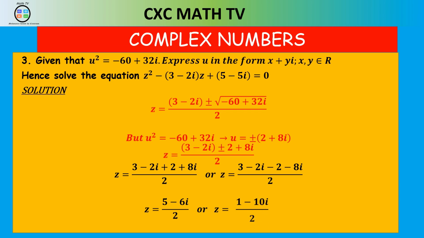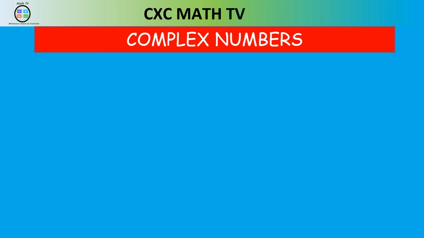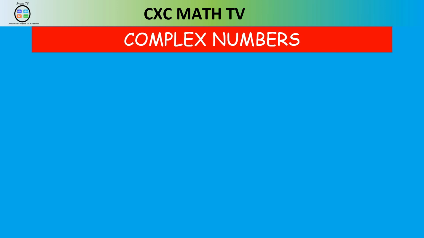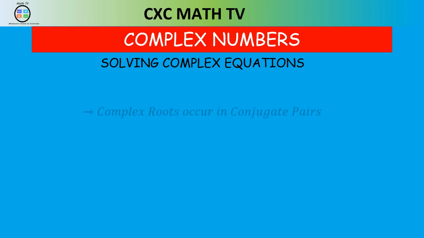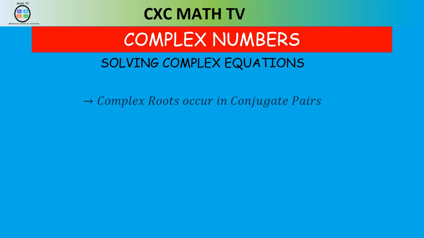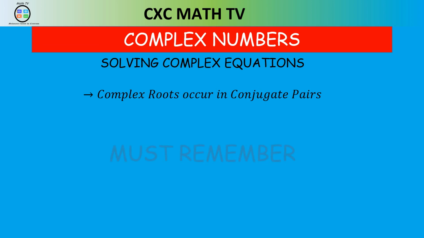Really easy, nice. So if there's anything we take away from this video, remember solving complex equations, when we say complex equations, we mean solving equations that are giving you complex roots. You just need to remember complex roots occur in conjugate pairs. That is your best friend.